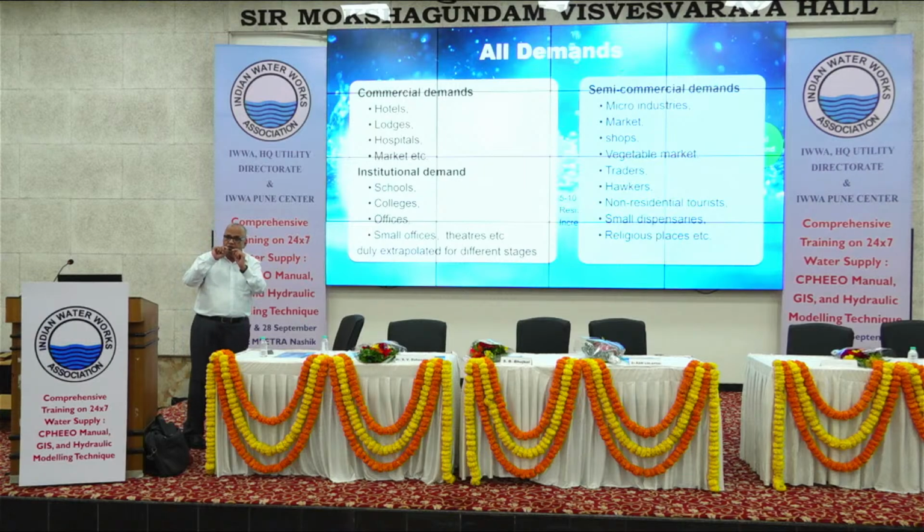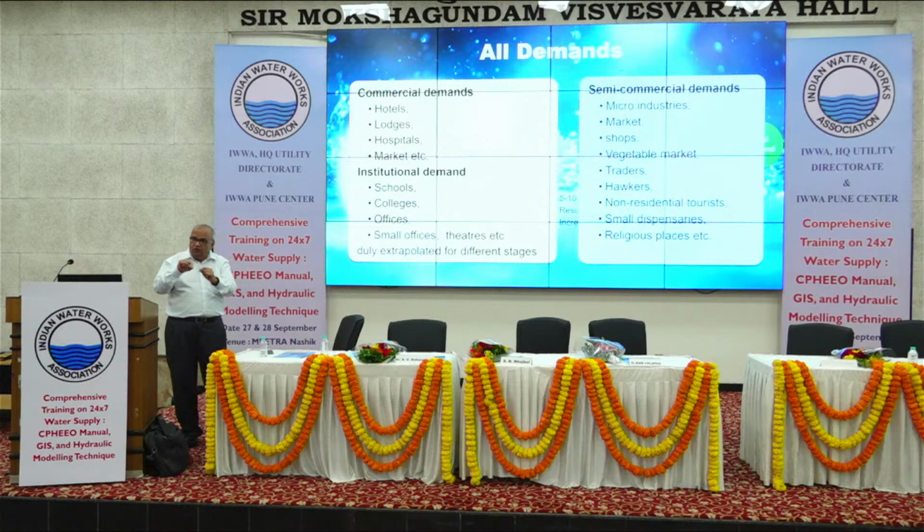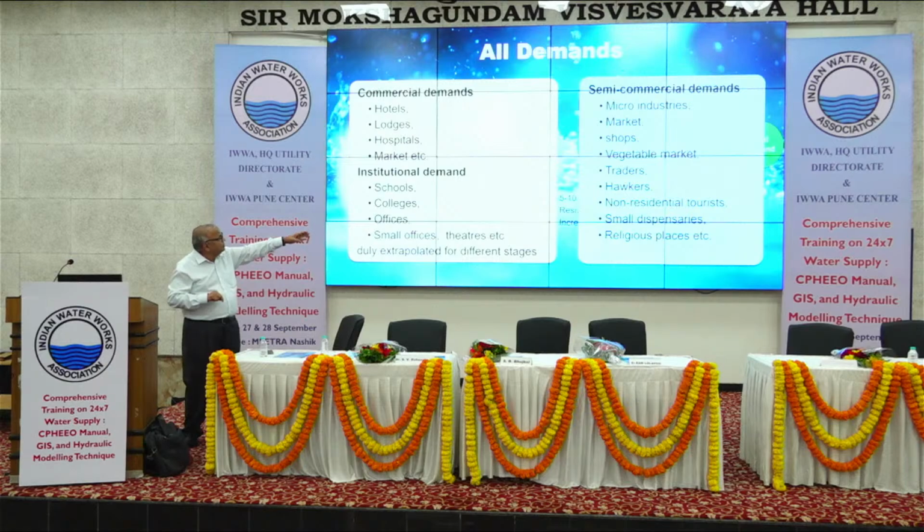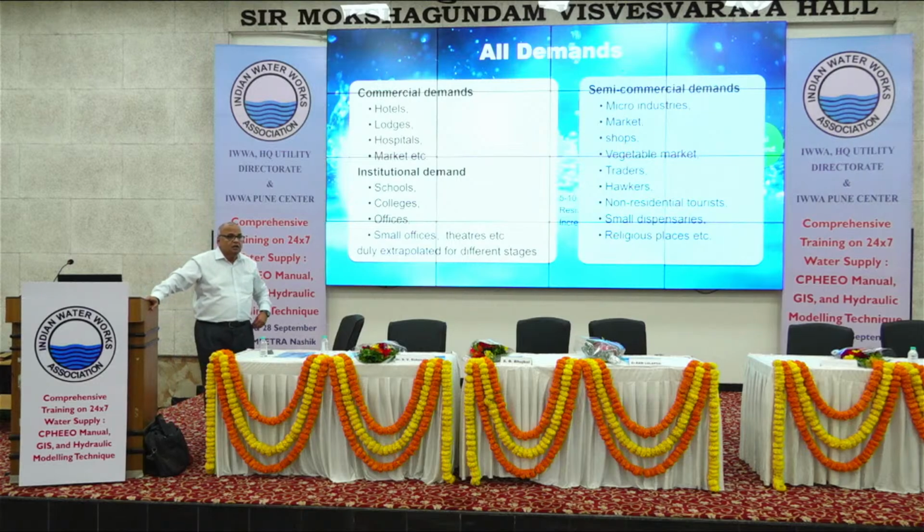How are you going to account for the demand of such small commercial entities, which is very difficult to measure? What we mention in our manual is that you have to take their demand as between 5 to 10% of the immediate demand of residential.